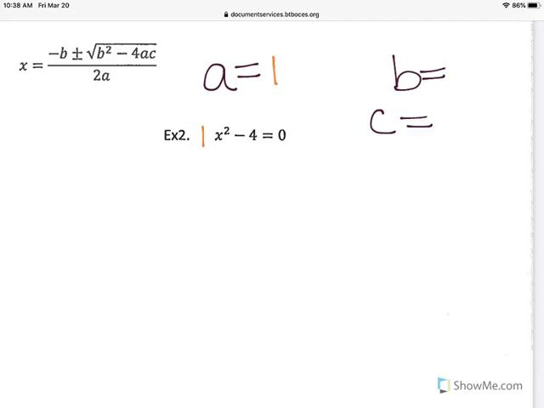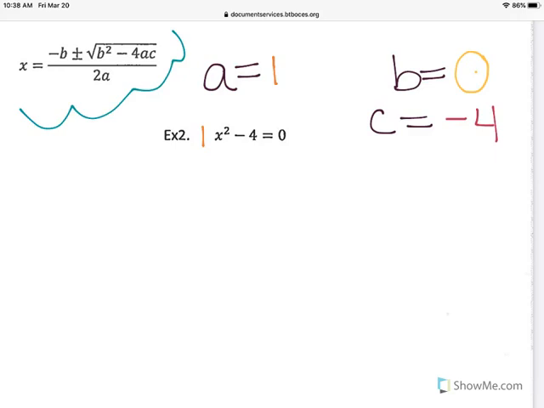Now b is the number that is in front of x, but we don't have an x term, so our b would actually be 0. And our c is the number at the end that is not attached to any variable, so our c would be negative 4.